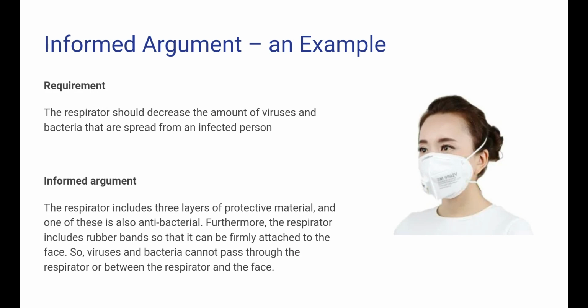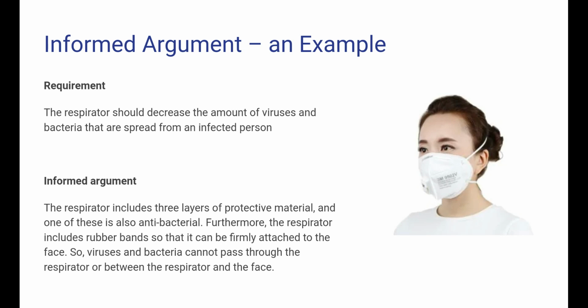Here's an example of an informed argument. The artifact here is a respirator, and a requirement is that it should decrease the amount of viruses and bacteria that are spread from an infected person. In order to carry out an evaluation here, of course, you could do it empirically, but a simple informed argument could look like this.